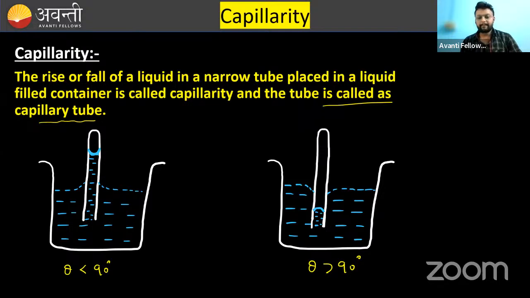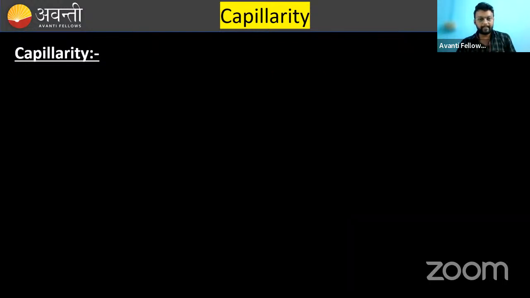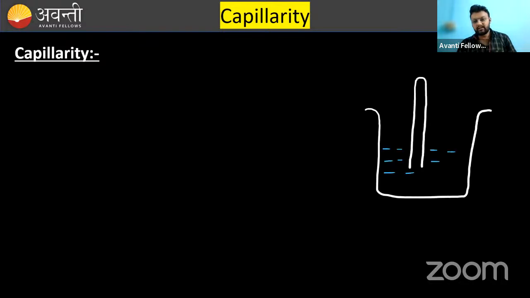So moving further. What we will describe now is how much this liquid will rise or how much it will fall in the tube. Again, this is the same diagram. Let's suppose the liquid has risen to a height h, and this height h is taken from the surface of the liquid in the container.